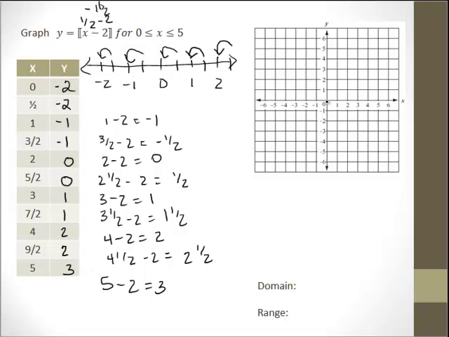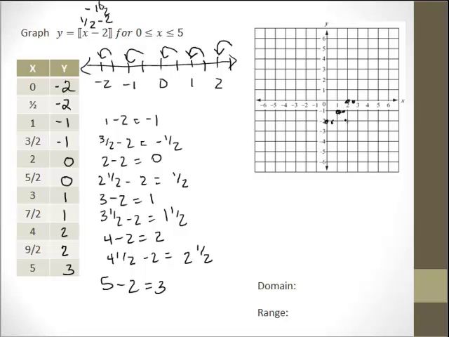So let's plot those. We have 0, negative 2. We have 1/2, negative 2. Then when we get to 1, it jumps up to negative 1. 3/2, negative 1. Then when we get to 2, it jumps up to 0.